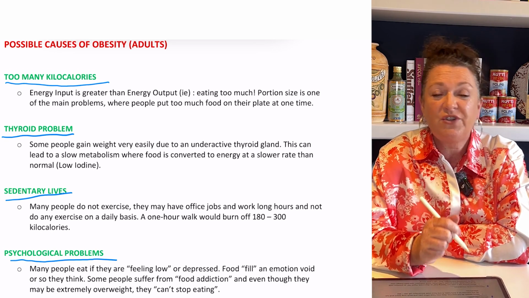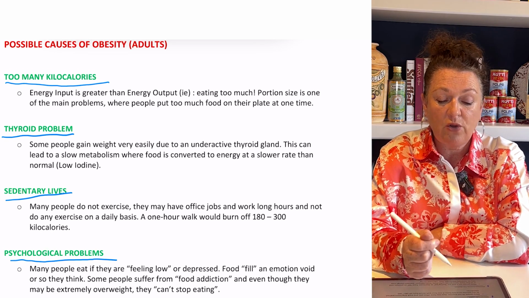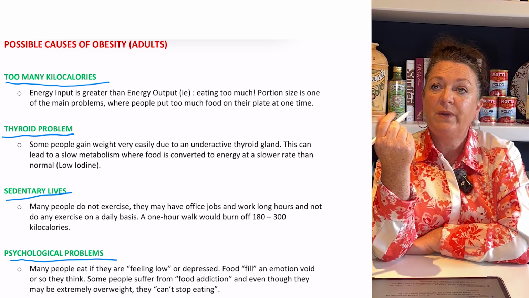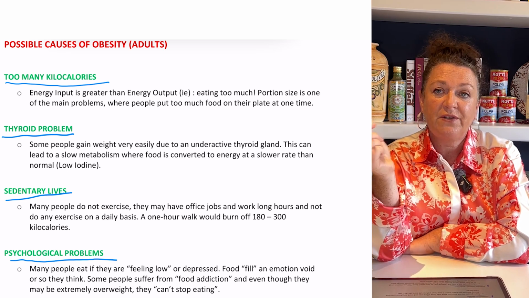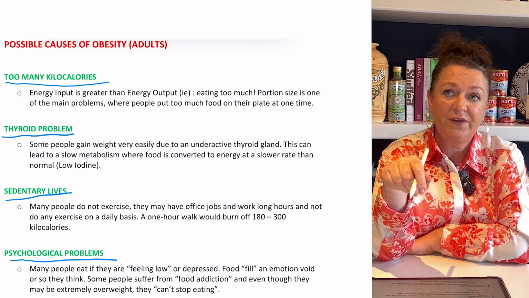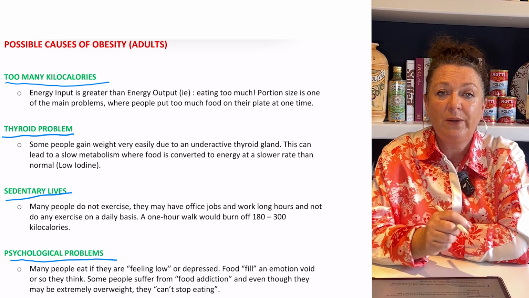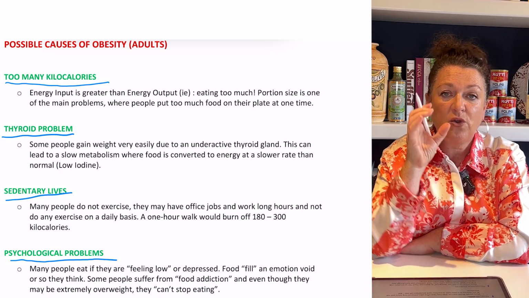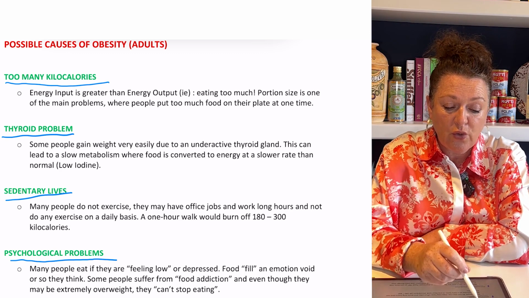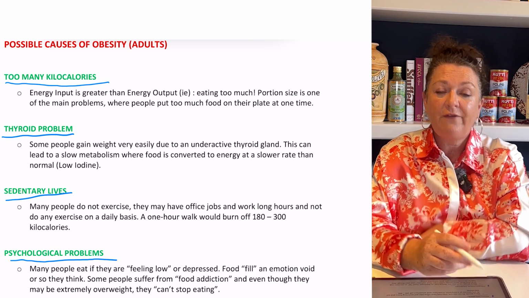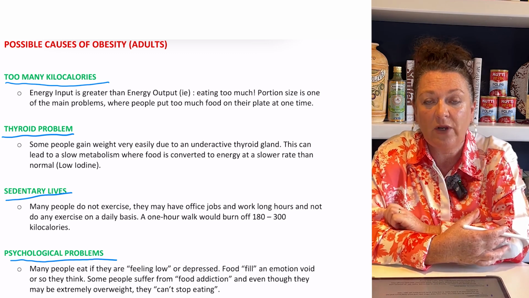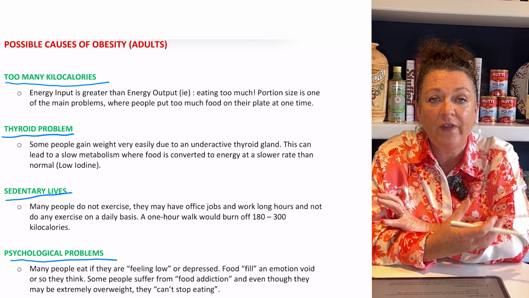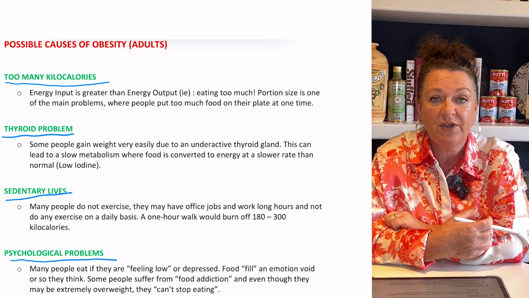There are students who would see possible cause of obesity and their first point would be, oh, too much fat in the diet. Another point might be too much sugar in the diet. Another point might be too many processed foods in the diet. That's all diet, diet, diet. So try and have a varied answer, because it's more than just diet.